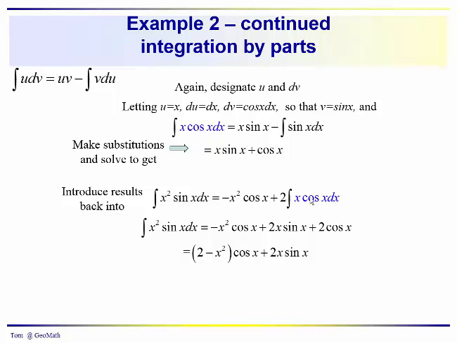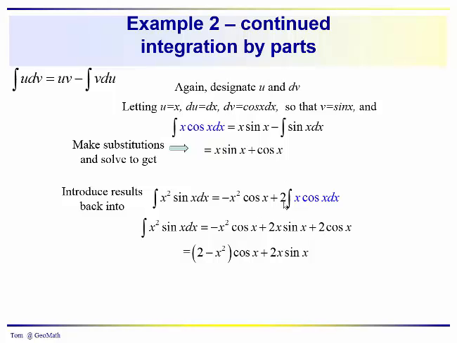So we go back to our original result right here, and we substitute this second integral into this expression. So we see that the integral of x squared sine x dx is equal to minus x squared cosine x plus 2x sine x plus 2 cosine x.